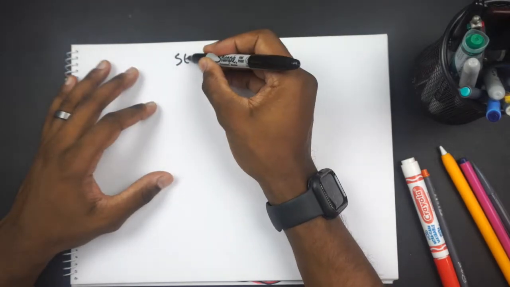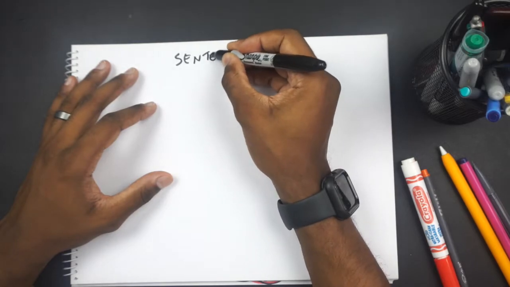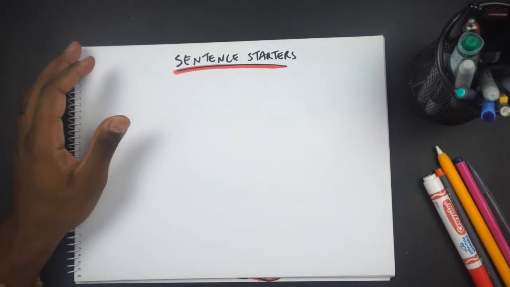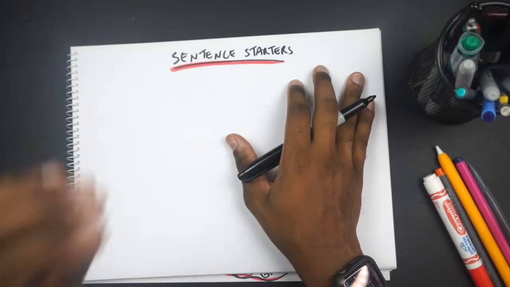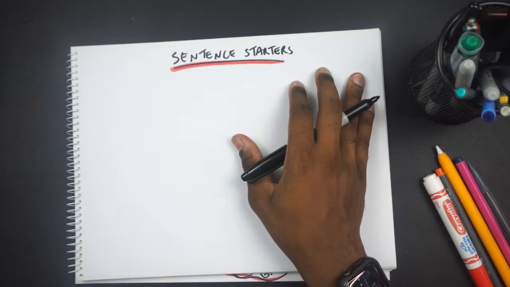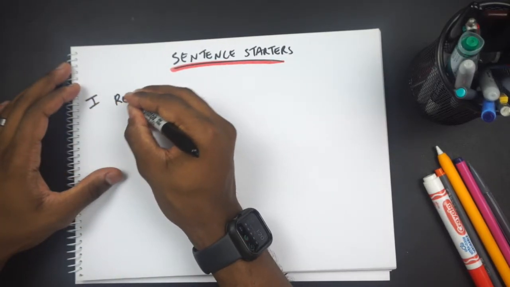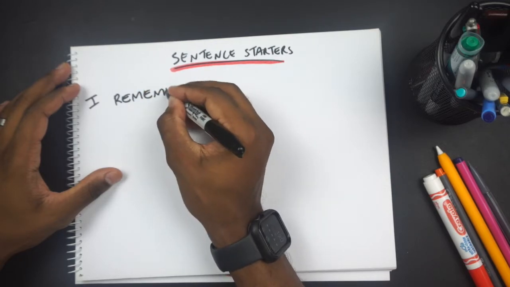So, sentence starters, and you've probably seen these before, all right? And there's no such thing as one specific sentence starter that brings all the magic, all right? They're all very valuable, and if you don't need them, you don't have to use them. So I could start my sentence or my paragraph with something like, I remember.